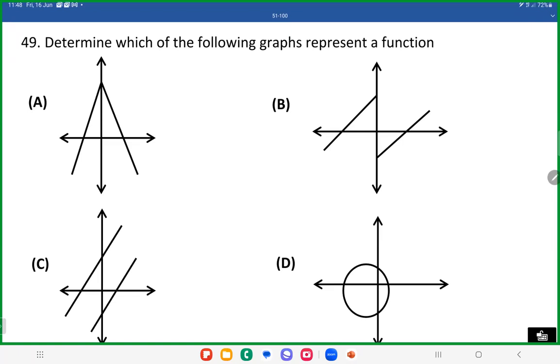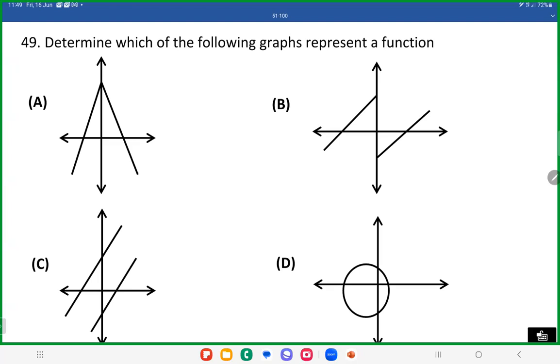أنا عندي part B. Okay. لما أعمل slash رح يكون عندي one point of intersection. C and D, they are not functions.